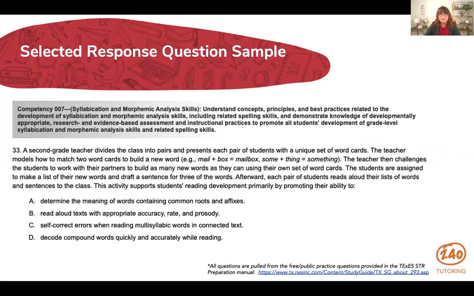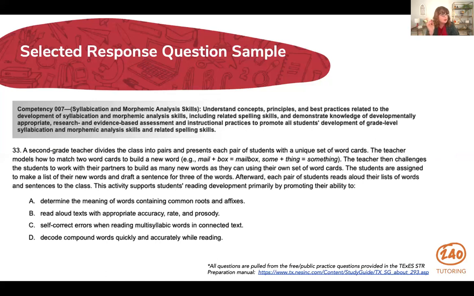Two more, guys. This one's coming from Competency 7, which is syllabication and morphemic analysis skills. It says a second grade teacher divides the class into pairs and presents each pair of students with a unique set of word cards. The teacher models how to match two word cards to build a new word, e.g. mail plus box equals mailbox, and some plus thing equals something.